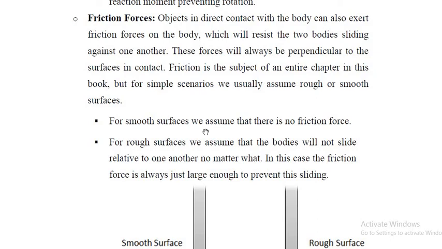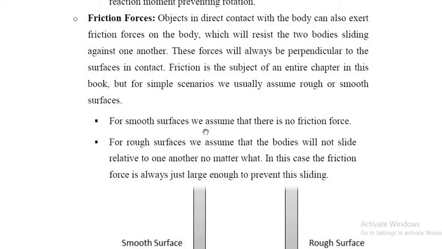At a certain value of frictional force, the forces which were acting will equal it. When the force exceeds the maximum amount of frictional force, then the body will slide over the other surface. So the friction forces always act parallel to the surfaces in contact.